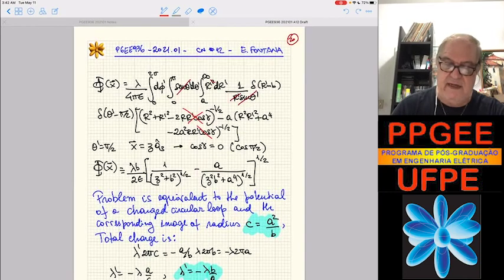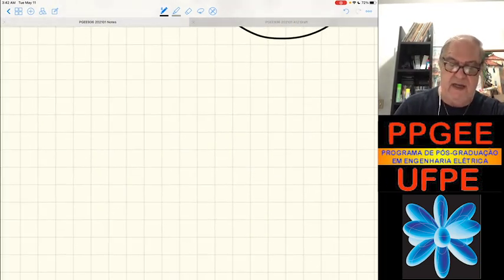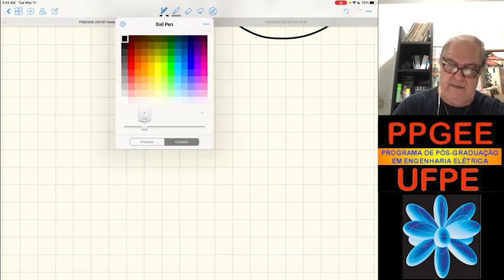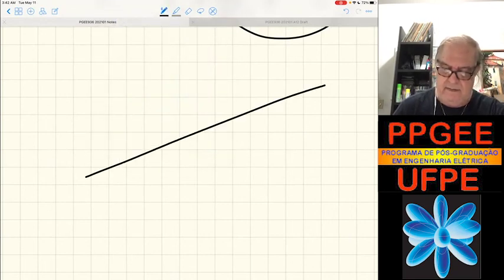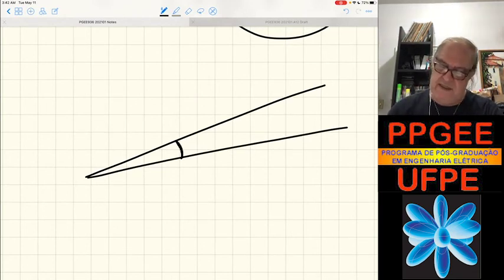So what happens here? We have just that problem. We have a charge. If you pick an angle here, this is the arc of the image charge and this is the arc of the real charge.